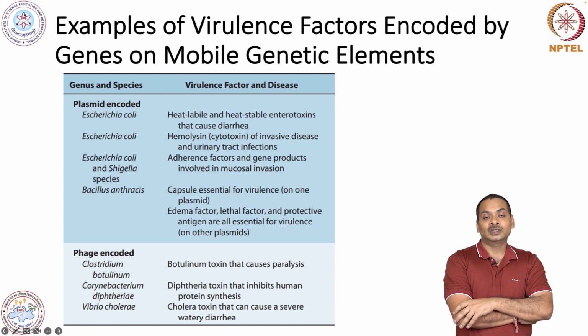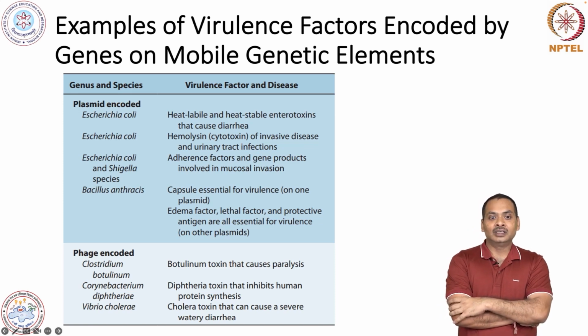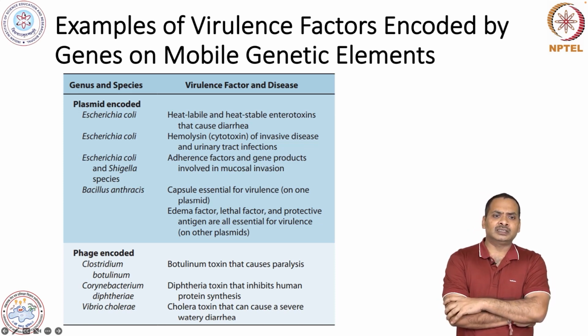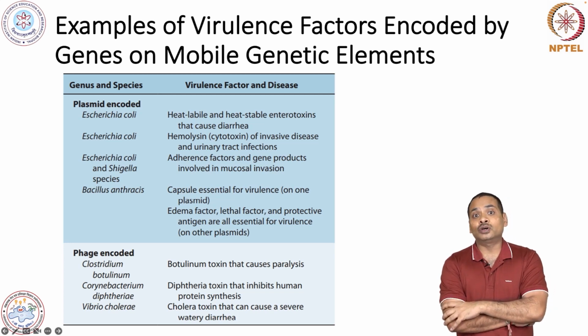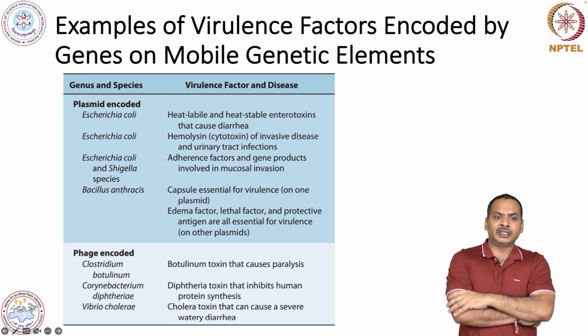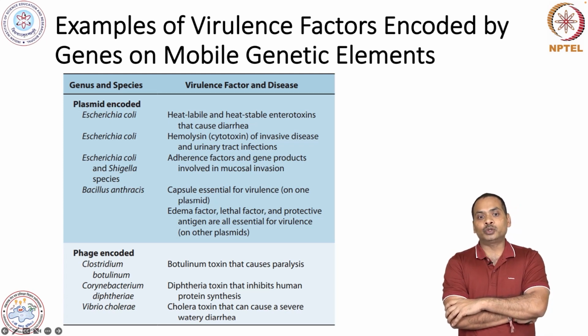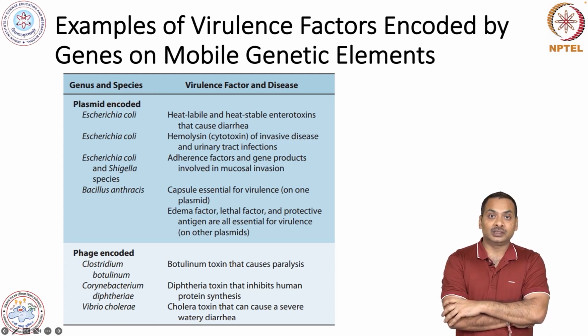So this is a very dangerous bacterium. There is a plasmid in Bacillus anthracis which encodes the capsule essential for virulence, and another plasmid which encodes the edema factor, lethal factor and protective antigen, which are essential for virulence.